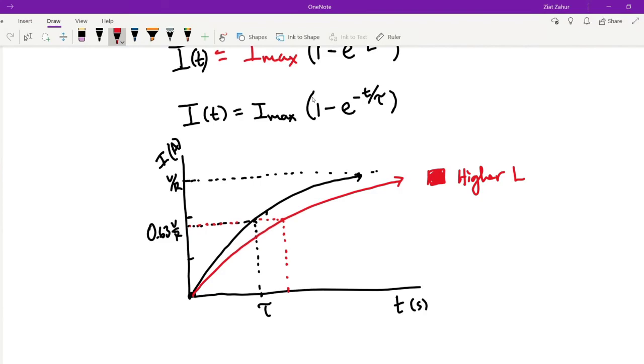And of course, if I follow this model, having lower inductance, or a weaker inductor, would mean that it reaches steady state at a faster rate.